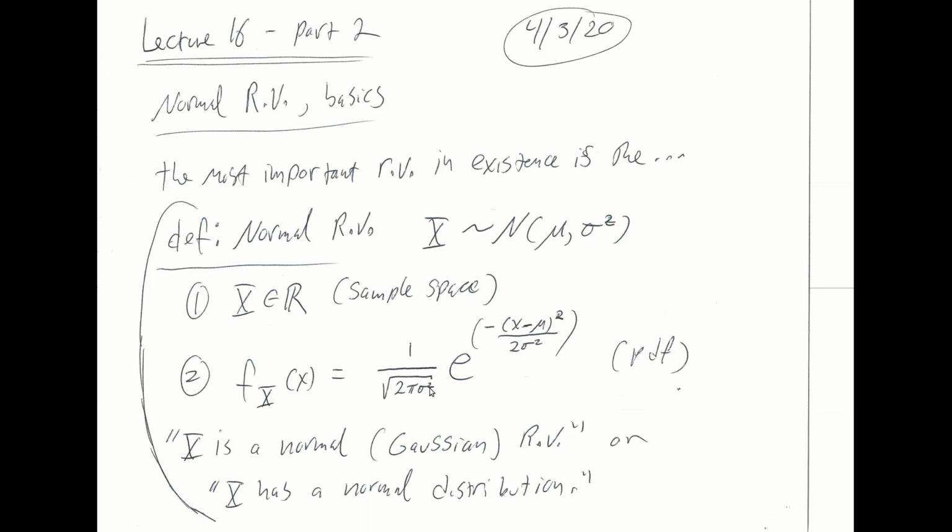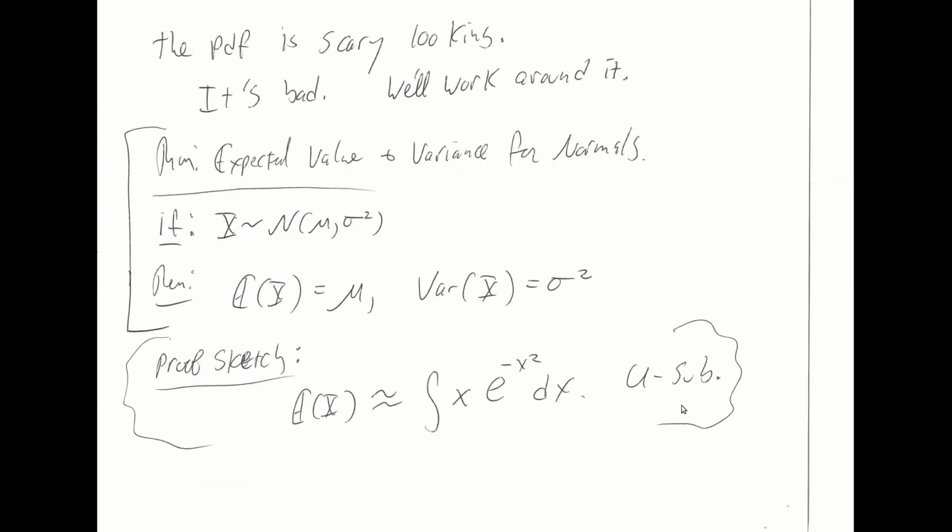So generally, if I give you the PDF, you should anticipate that you're going to have to integrate the PDF in order to find likelihoods associated with that random variable. But you're not going to have to. We'll see shortly that it's not even possible to integrate this beast in most contexts. And we will work around it. So the PDF looks scary because it is scary. But fear not, for it will not be able to bite us in this course.